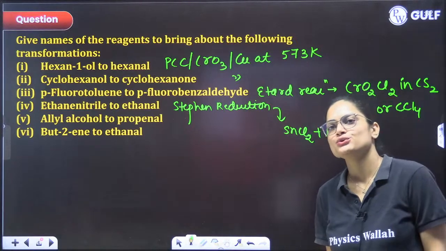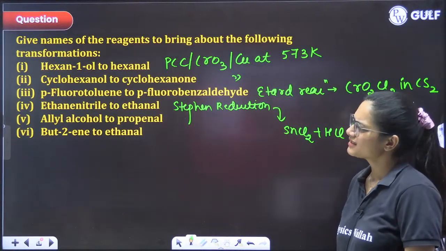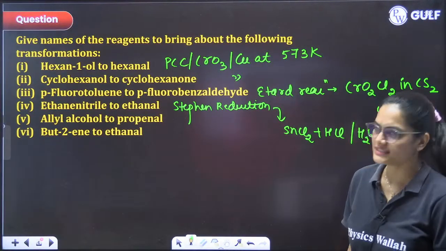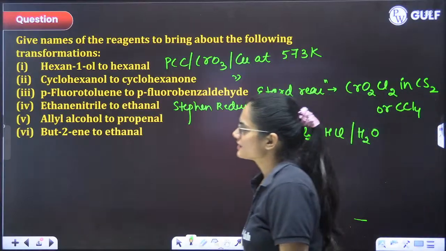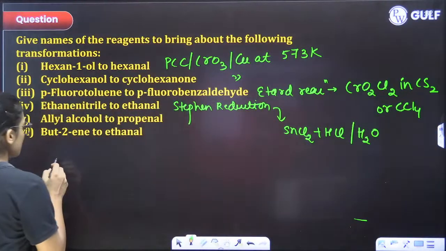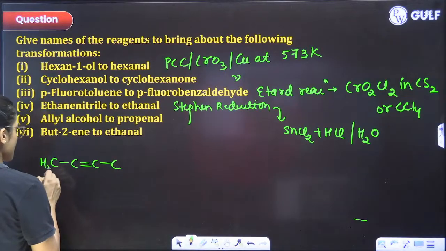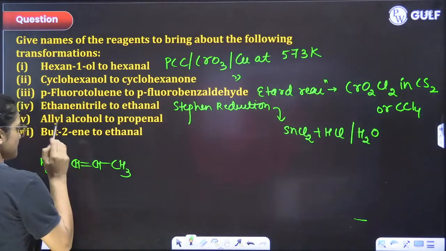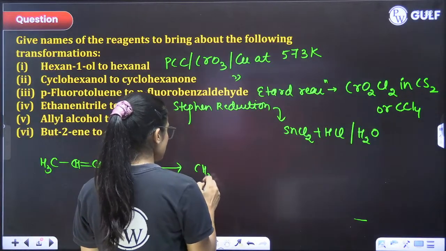Butene into ethanal. What do you have to do here? This is easy. What will you do here? Ozonolysis, very good. If you have butene, this is butene and you want to convert this into ethanal, that is CH3CHO.